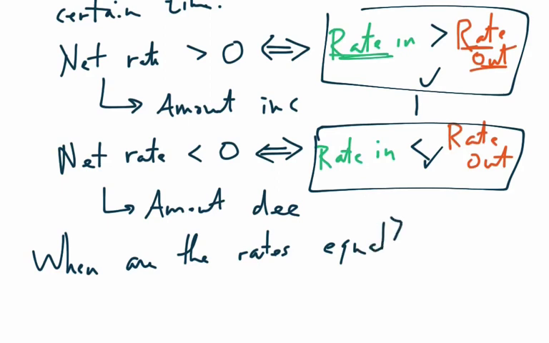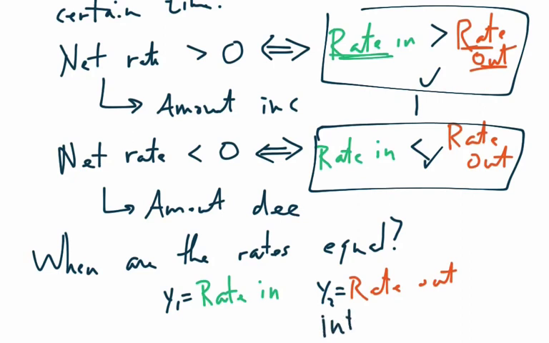Well, to figure out when the rates are equal, you would set them equal. So you would graph the rate in, and you would graph the rate out. We would graph these in y1, and the rate out in y2, and then we would find the intersection of y1 equaling y2, and that would be the place where the rates are equal.